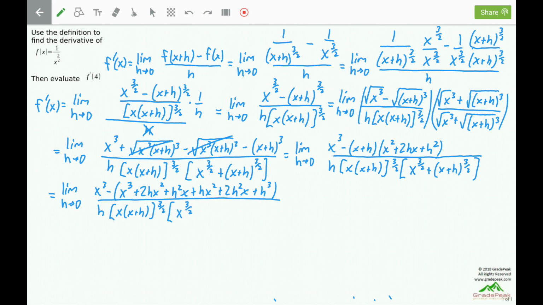We're not doing anything with that denominator for now. The only thing that we're going to be doing with the denominator is canceling the h that is in the denominator with an h that will factor out in the numerator.